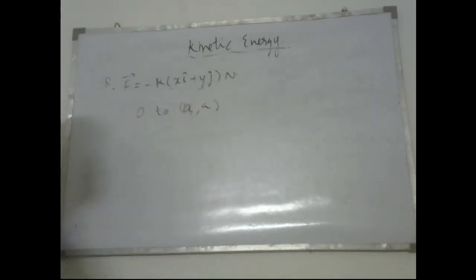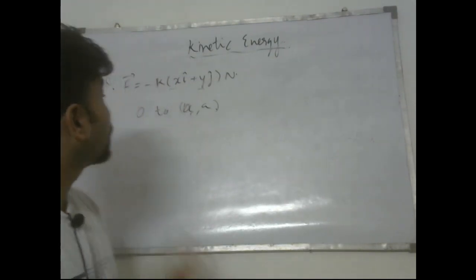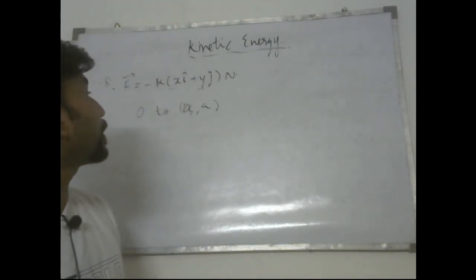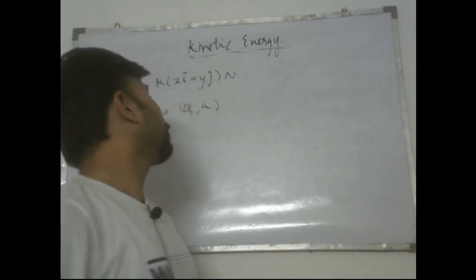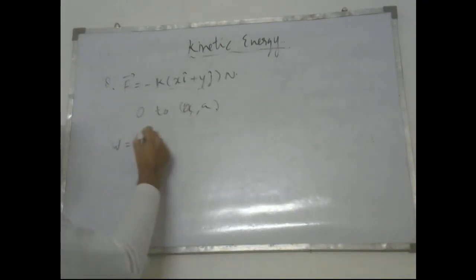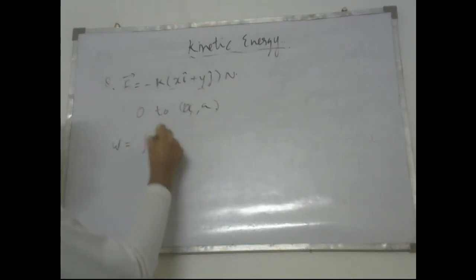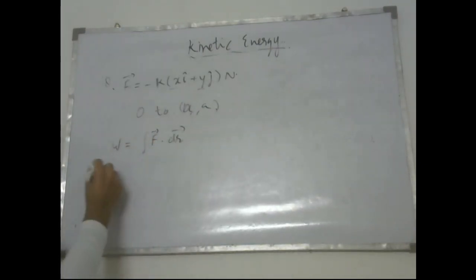So the particle is going from 0 to A in a straight line. That is given to us in this question, and the force acting on the particle is minus k xi cap plus yj cap newtons. So we have to find the work done. Simply we will be using our expression of integral. So the work done would be the integral of minus F dot dr. This is our definition of work done.